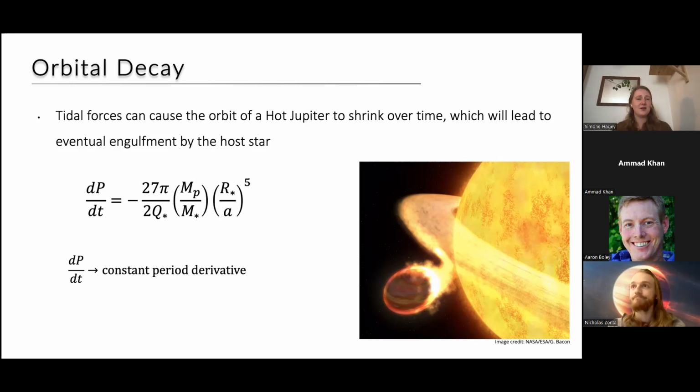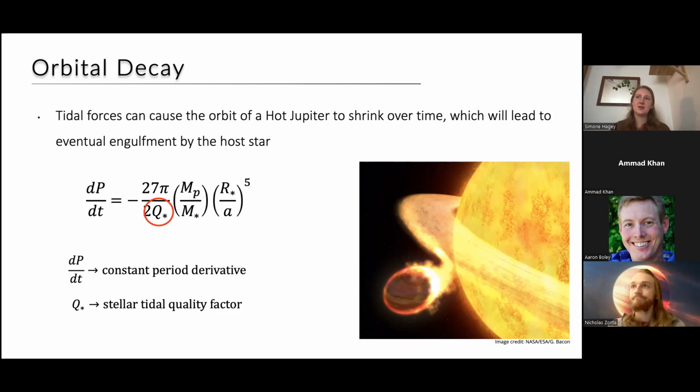We have a constant period derivative. Your period is getting smaller and smaller over time, and it depends on the factors you would expect: the mass ratio, the radius of the star, the semi-major axis of the orbit, but it also depends on this factor Q, which is called the stellar tidal quality factor.